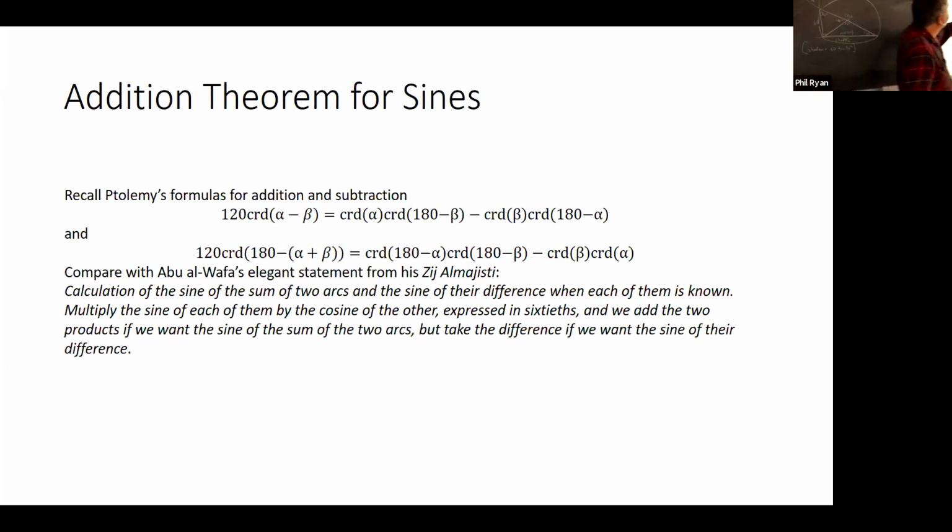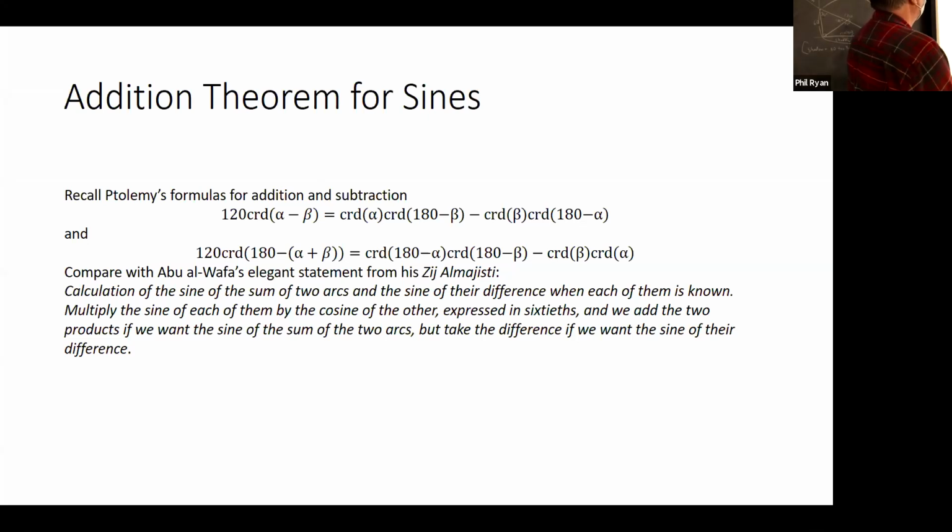But if you look at it, it's kind of a horrible formula. And so Abu al-Wafa, his book was called the Zij al-Majisti, right? So Zij means table, a table for the Almagest.